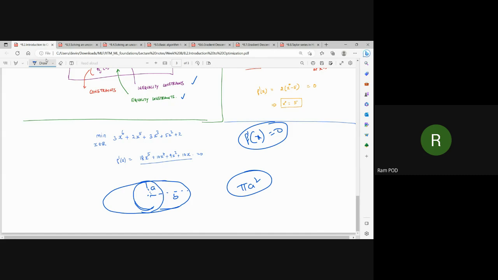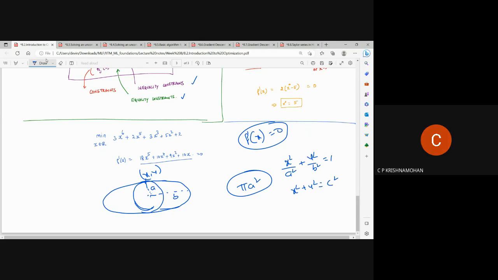So we have here x square by a square plus y square by b square is equal to 1, and then x square plus y square is equal to c square. What is C here? It is the radius, r square.